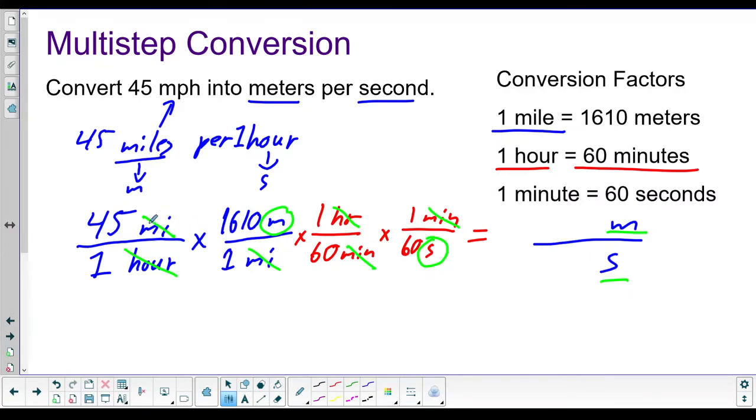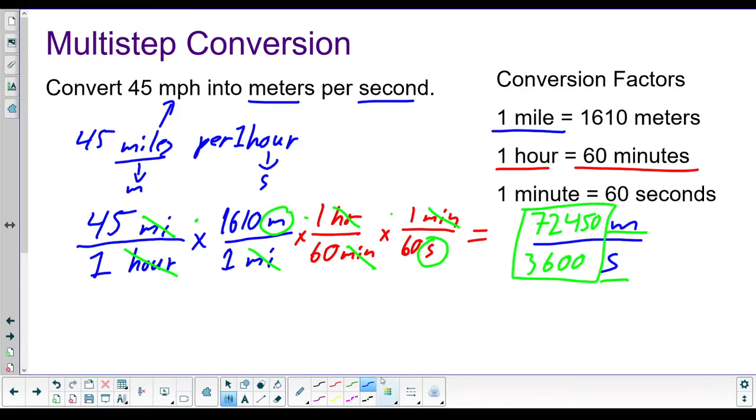So it looks like our units are lining up the way they're supposed to. Now we go through and do the multiplication of top times top times top. So we're going to do 45 times 1,610, and we get 72,450. Then on the bottom, we're going to do 1 times 1 times 60 times 60, and we get 3,600. Then we're going to just go ahead and divide these two numbers.